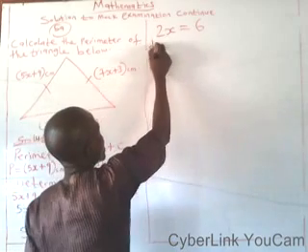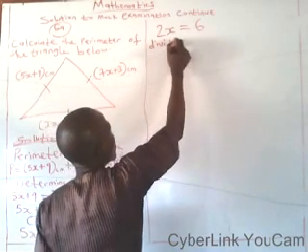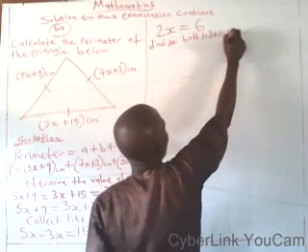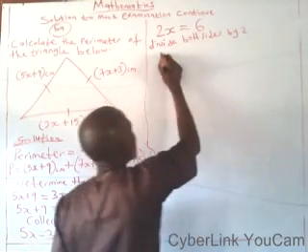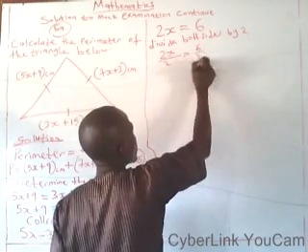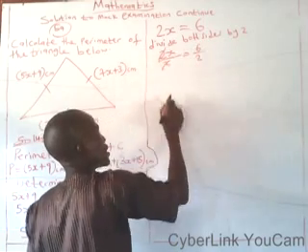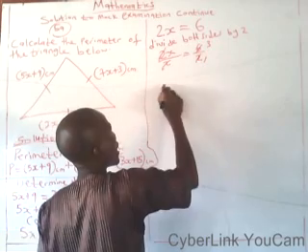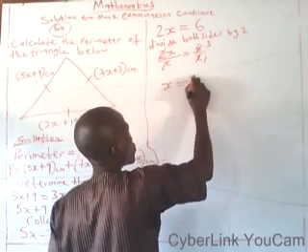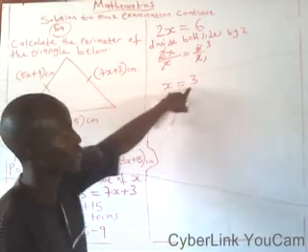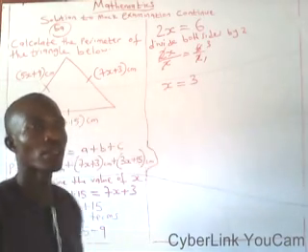We are going to divide both sides by 2. Therefore, we have 2x all over 2 is equal to 6 over 2. We cancel 2 here. 2 here 1, 2 here 3. Therefore, x is equal to 3. Our value of x is equal to 3.